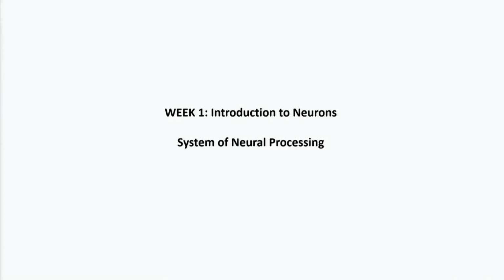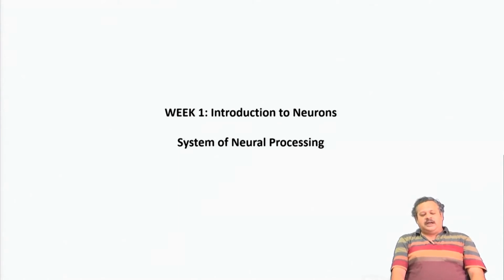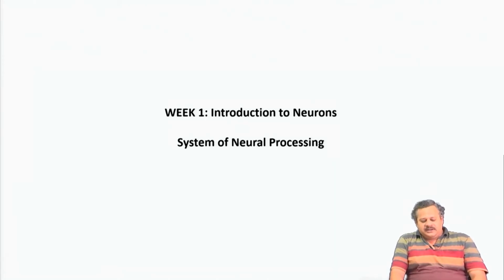Welcome to the fourth lecture in our computational neuroscience course in the first week, where we are continuing our discussions on introduction to neurons. We have discussed the basic structures of the brain, marking out the different sensory areas, the prefrontal regions and the motor areas in the cortex.